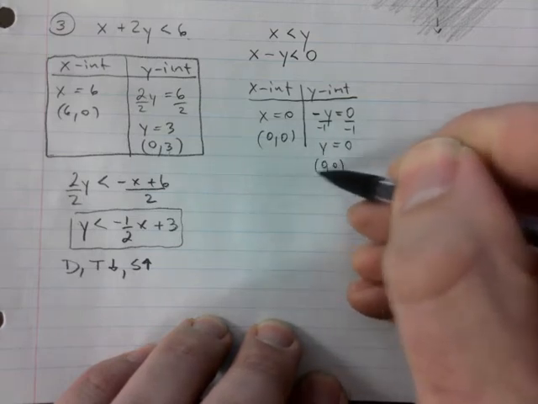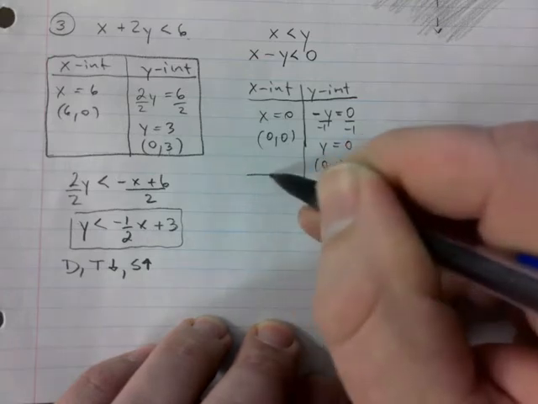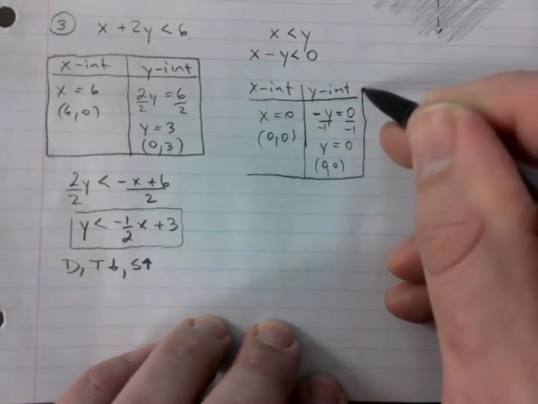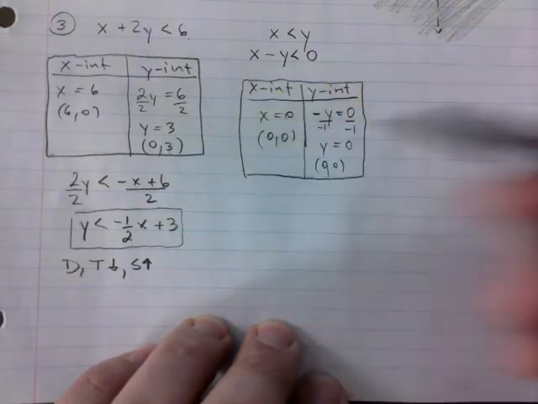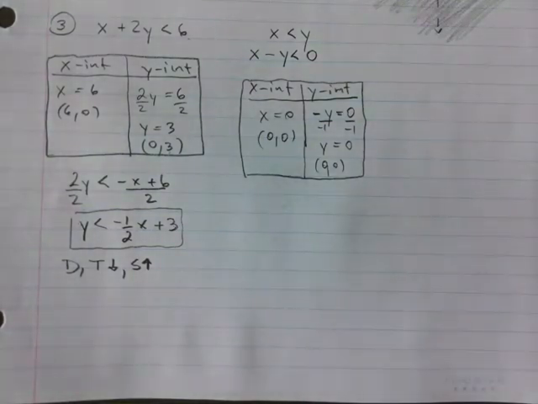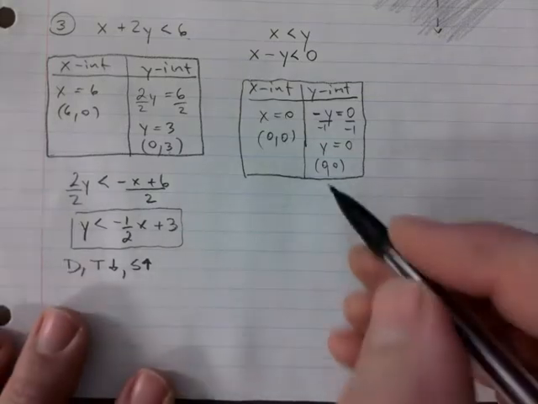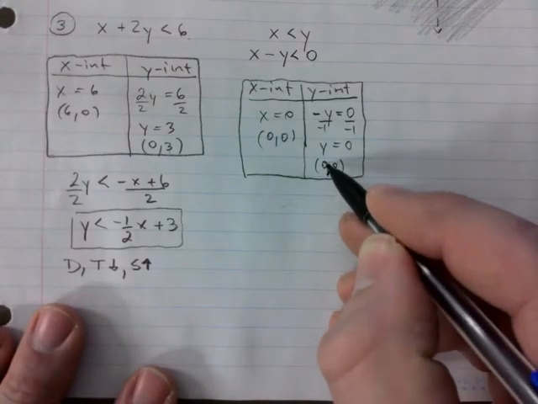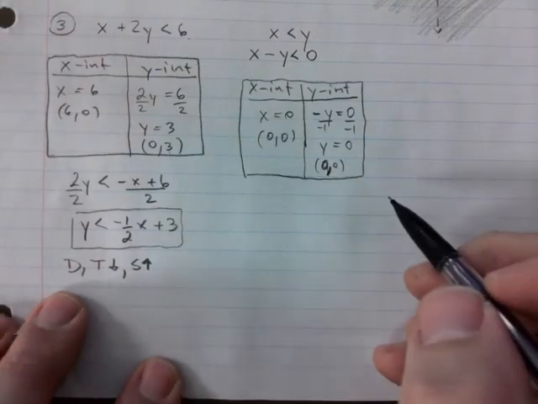So it's 0, 0. So this one doesn't help you a whole lot. And I will show you how to get around it. So the x-intercept and the y-intercept are the same. It's actually going right through the origin. So you have a bit of an issue there. There should be a comma, by the way. But I will help you with it.